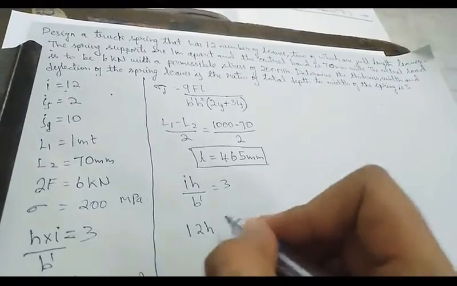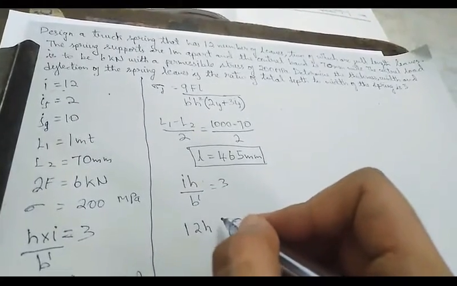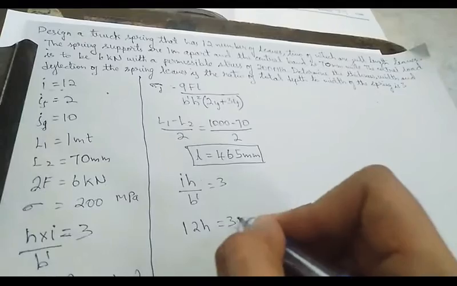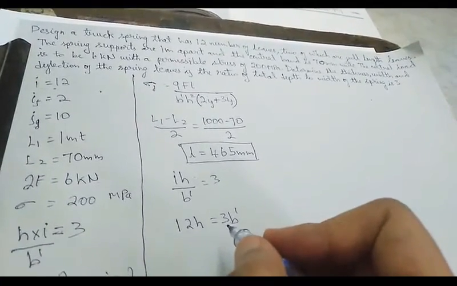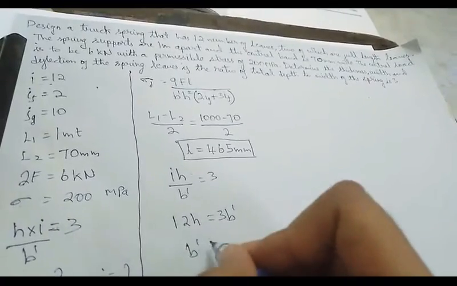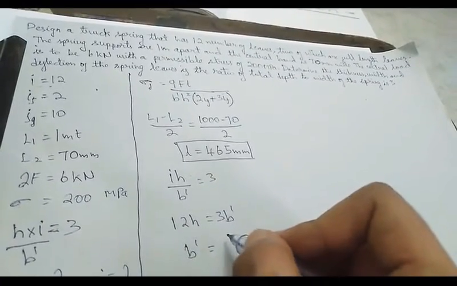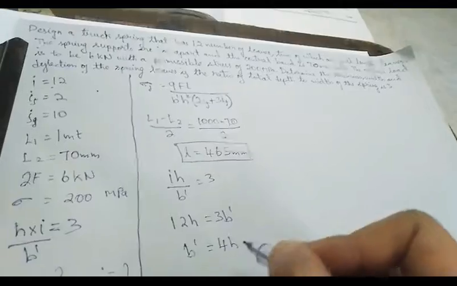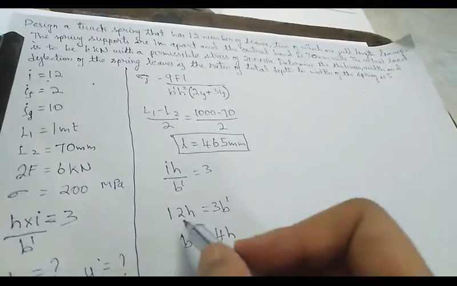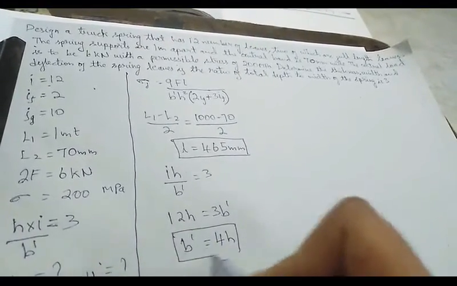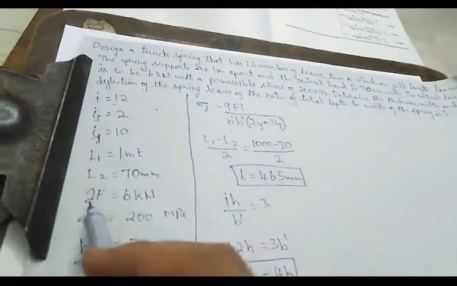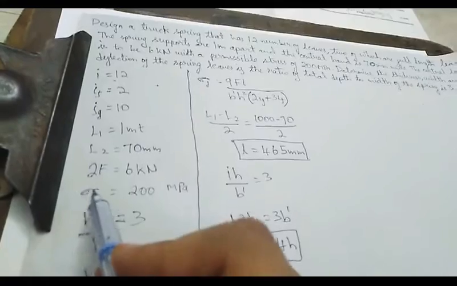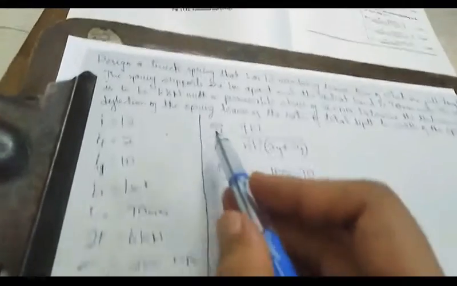So 12H is equal to 3 B dash, so B dash is equal to 4H. I'll substitute this in the above equation. Also they have given the allowable stress, so we can take this allowable stress as the stress in full length leaves.